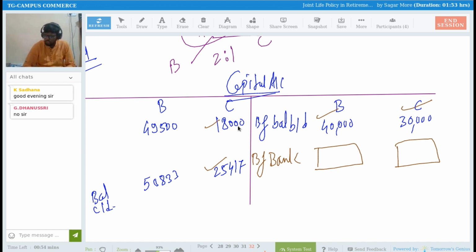After subtracting, just let me know the balance. Are you solving, Dhanashri, Sadhana, Parsati, Shivarish?